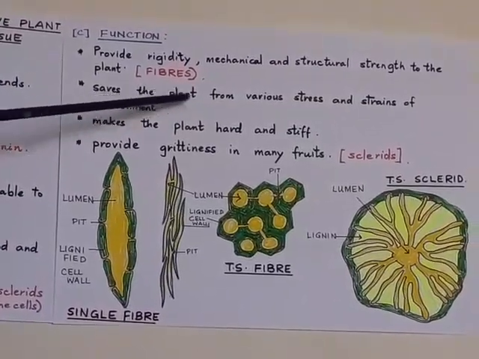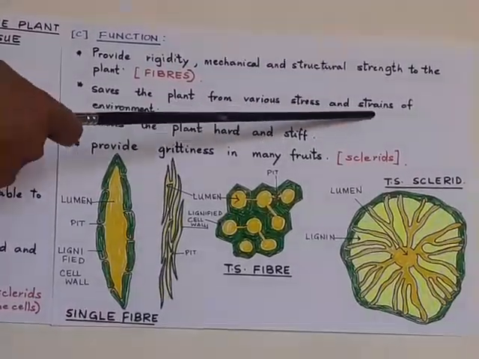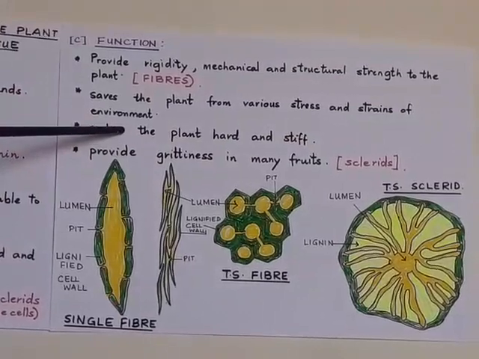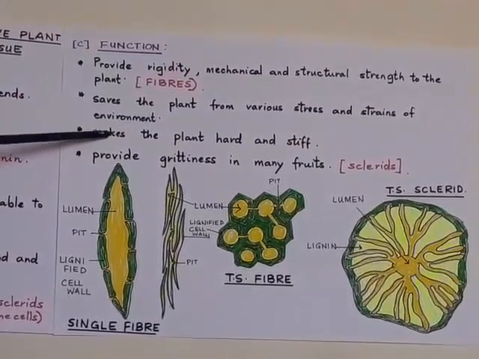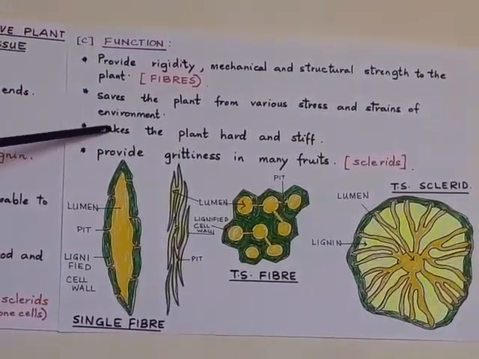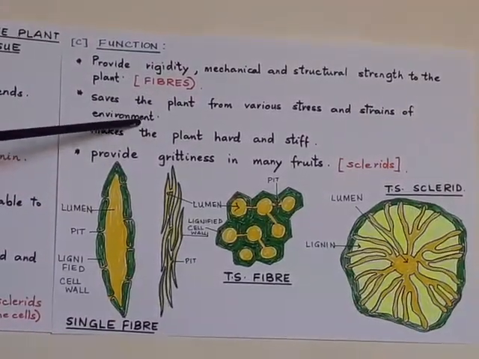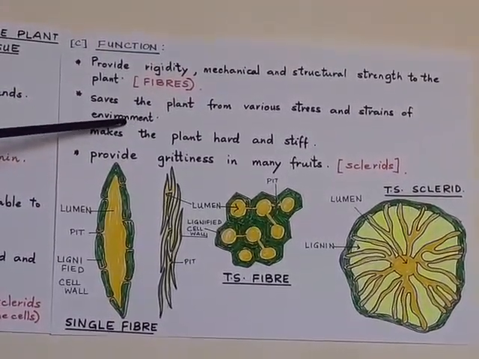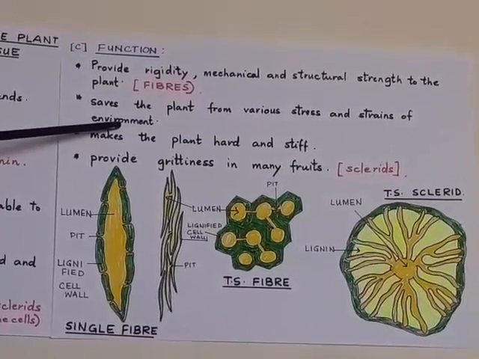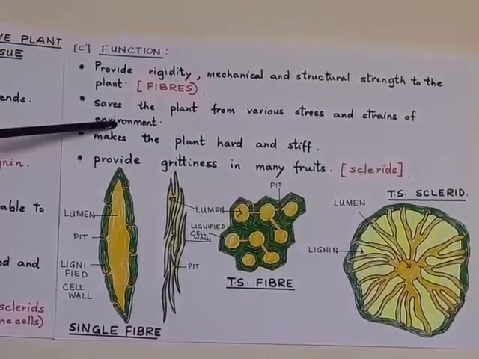Now it saves the plant from various stress and strains of the environment. Environment means whenever there is a storm or breeze, in those cases, because of this sclerenchymatous tissue also, the plant does not fall down.